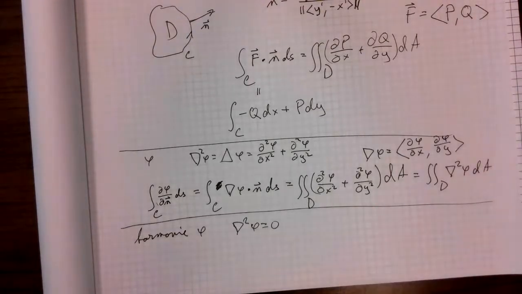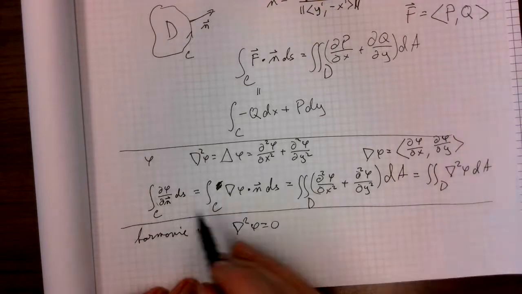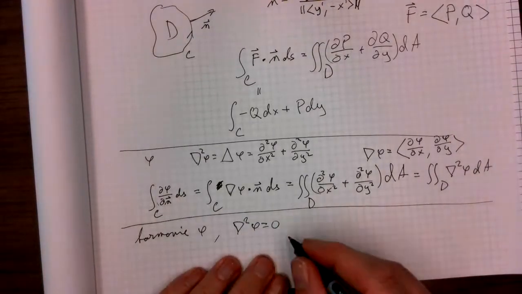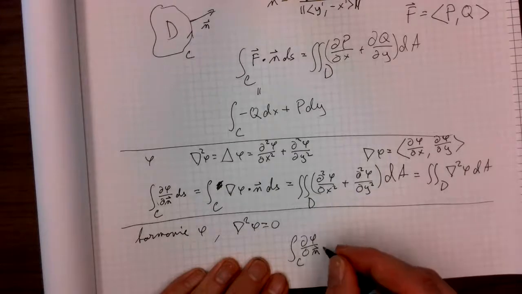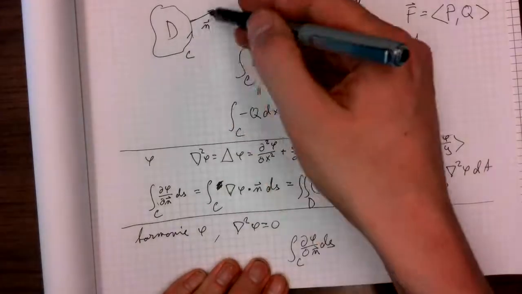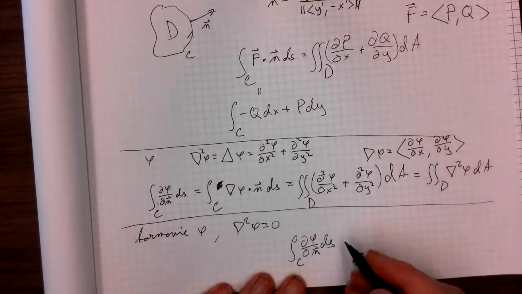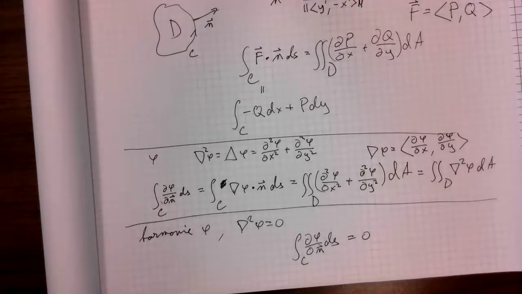In an electric field, these kinds of functions come up quite often, and they have lots of wonderful properties. So one of the things that follows from this formula is that for a harmonic function, this boundary integral is 0, right?